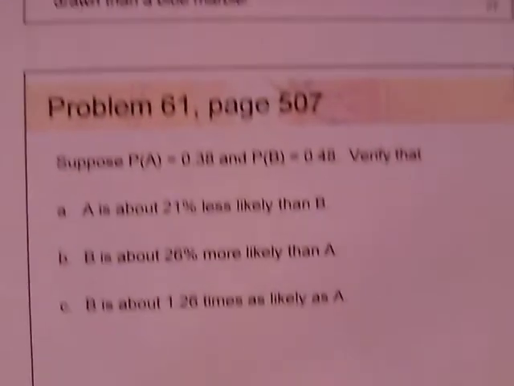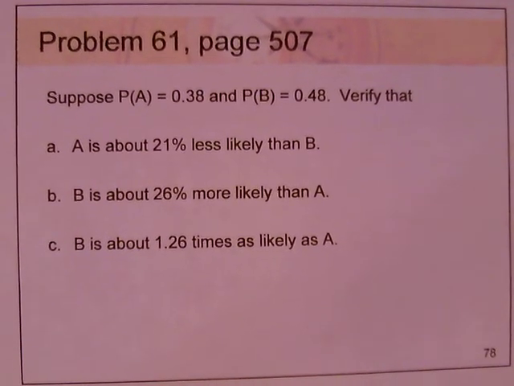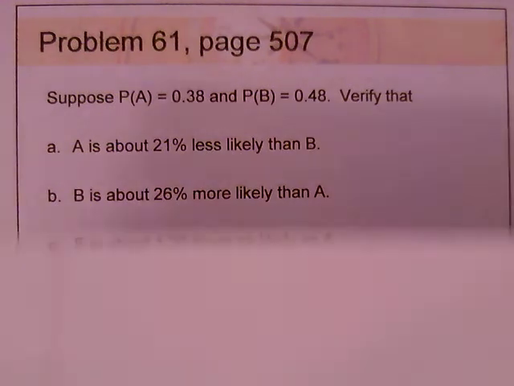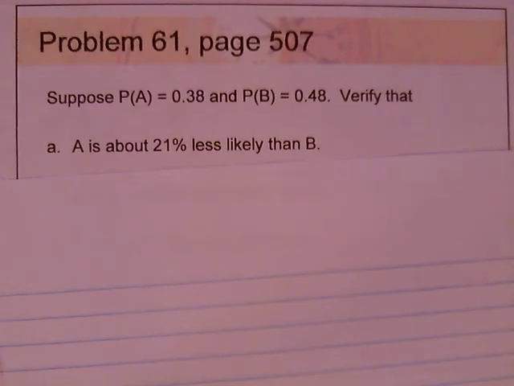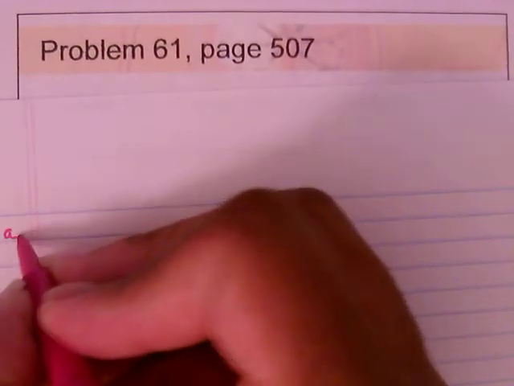Now let's look at problem number 61 on page 507. Suppose the probability of event A is 0.38 and the probability of event B is 0.48. So here we're going to be verifying each of these probabilities, starting with part A. I want to verify that A is about 21% less likely than B. So here I'm going to have to write this out on separate paper.